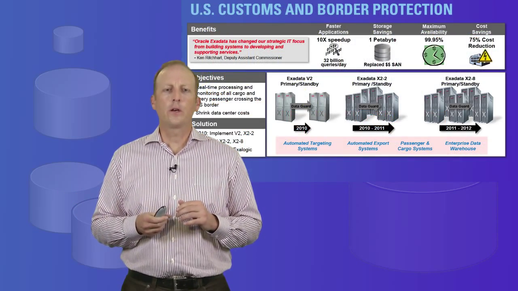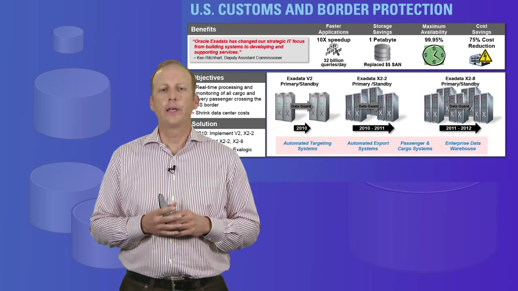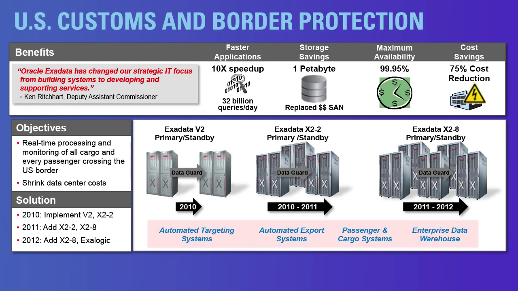So let me talk briefly about a customer that's actually taking advantage of these systems and getting not only improved performance, but savings across all kinds of areas, which I'll go through in a second. U.S. Customs and Border Protection put this system in place probably 3 or 4 years ago. Do they value this as a mission critical application?